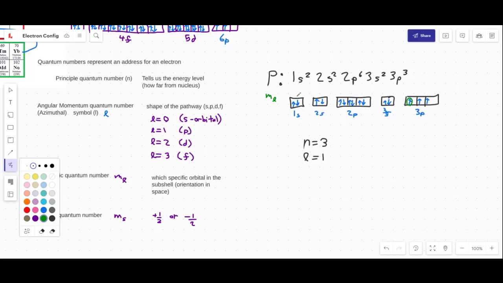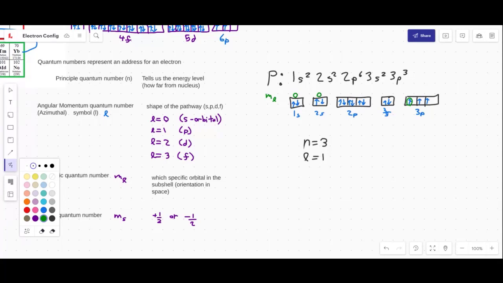Now, for an s orbital, there's only one possible value for m sub L, and that's 0. That doesn't mean there's 0 orbitals. That just means that that is the m sub L number. So 2s, this will also be 0. Basically, m sub L can have a value of anything from negative L to positive L. So if L is 0, then m sub L can only be 0.